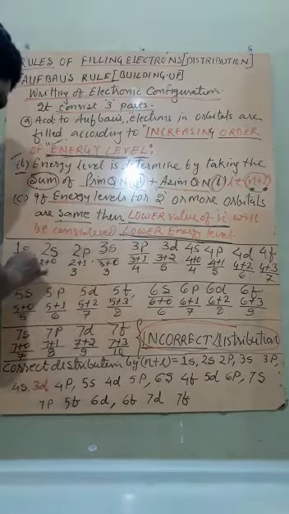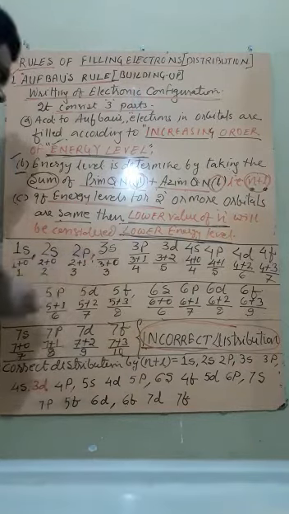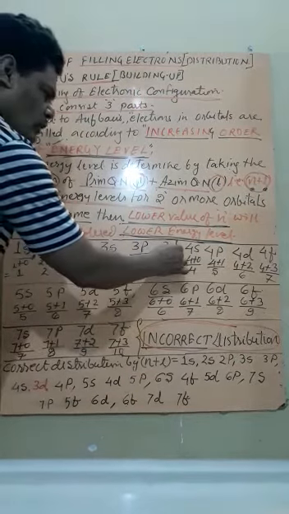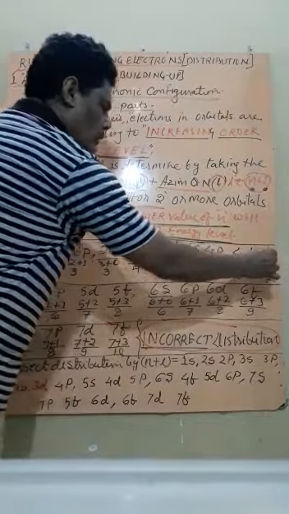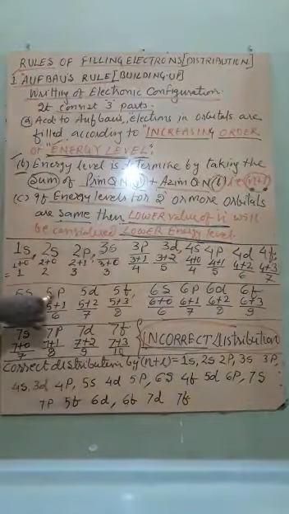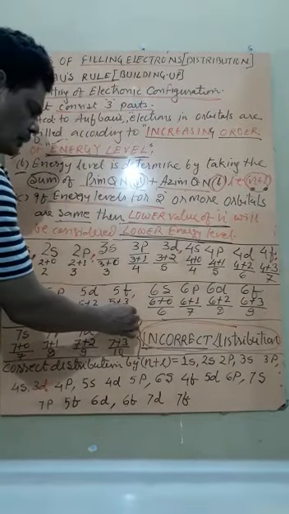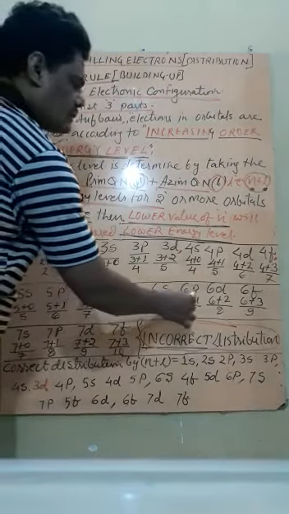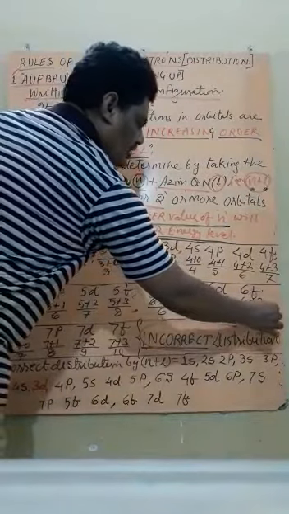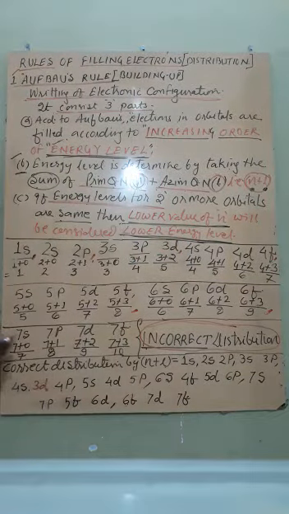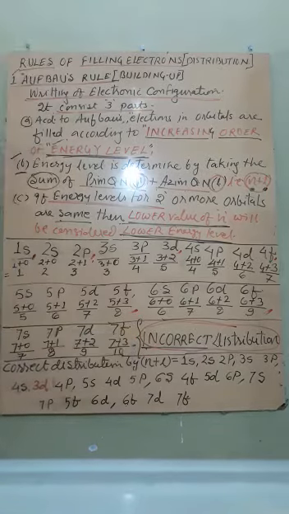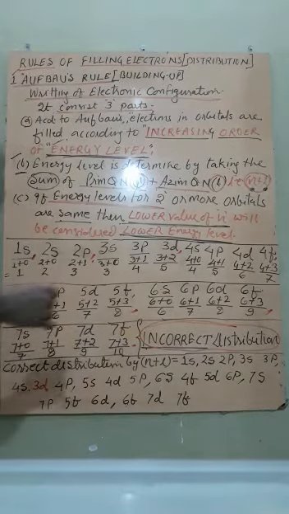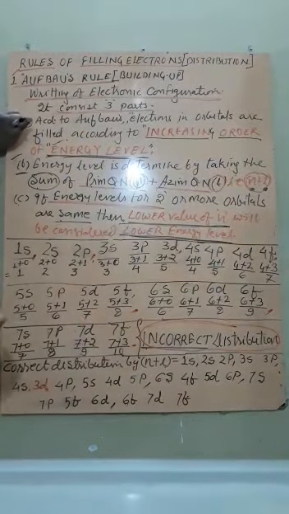Look here, 1s is the first orbit, 2s, 2p the second orbit, 3s, 3p, 3d third orbit, 4s, 4p, 4d, 4f fourth orbit, then 5s, 5p, 5d, 5f fifth orbit, 6s, 6p, 6d, 6f sixth orbit, and then seventh orbit, 7s, 7p, 7d and 7f.